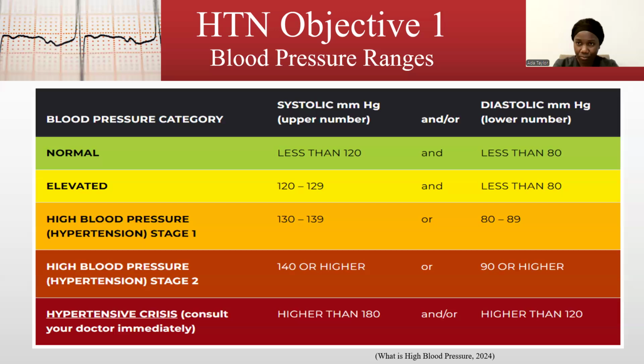Hypertensive crisis is when your blood pressure is higher than 180 for the systolic and or higher than 120 for the diastolic. This is an emergency, and you need to go to your doctor immediately or go to the nearest emergency room.